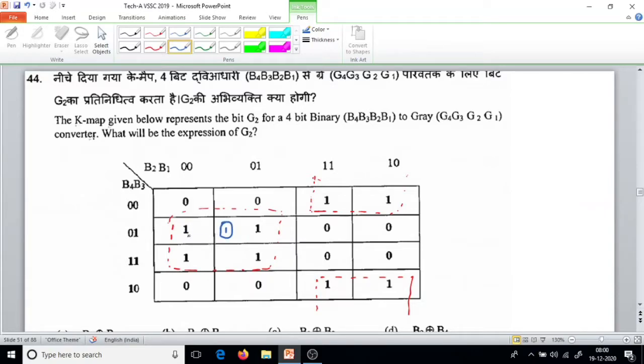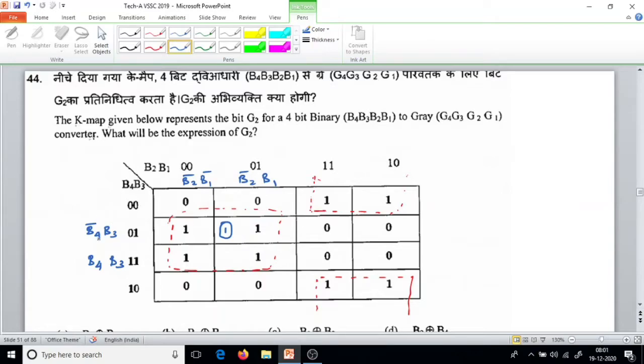If we simplify this, what do you get? Here I'll write on the left: B4 bar B3 and B4 B3, and on the top B2 bar B1 bar and B2 bar B1.